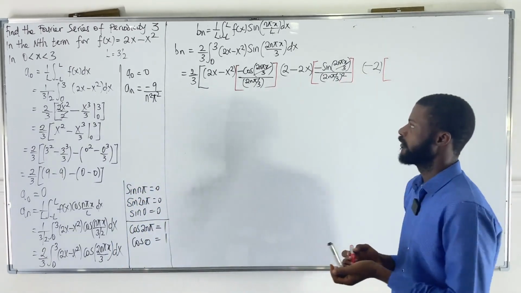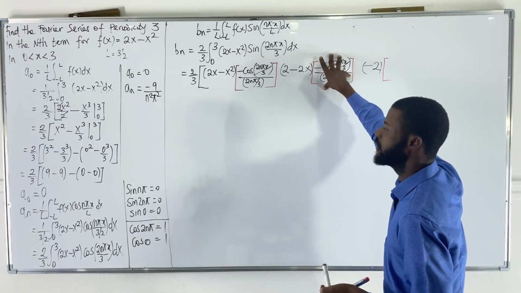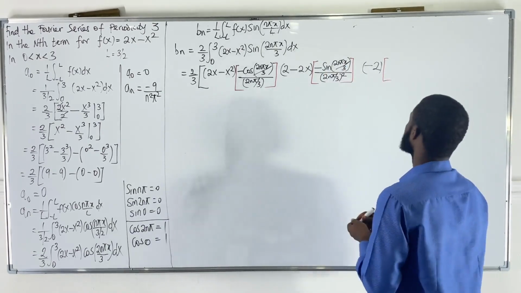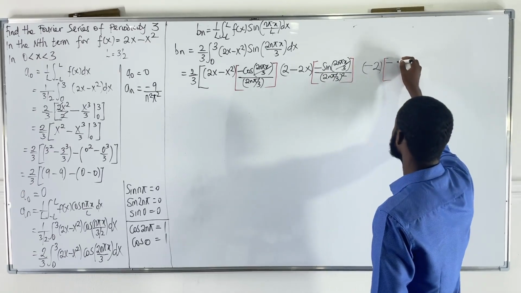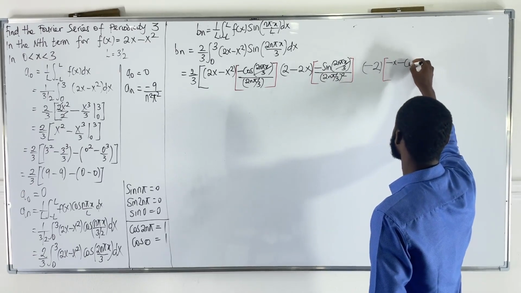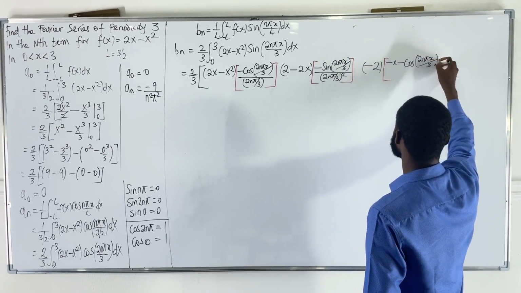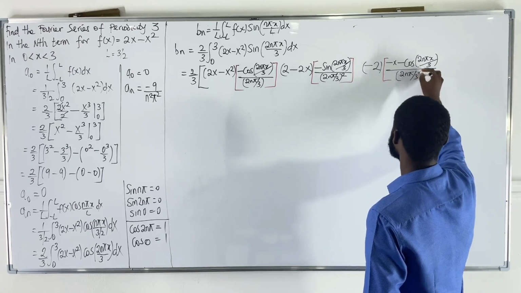It's similar to what we've done before. Everything in this red bracket, you're going to integrate again. So this will become minus, if you integrate sine you will get minus cosine, with the angle 2n pi x over 3 divided by 2n pi over 3 cubed.